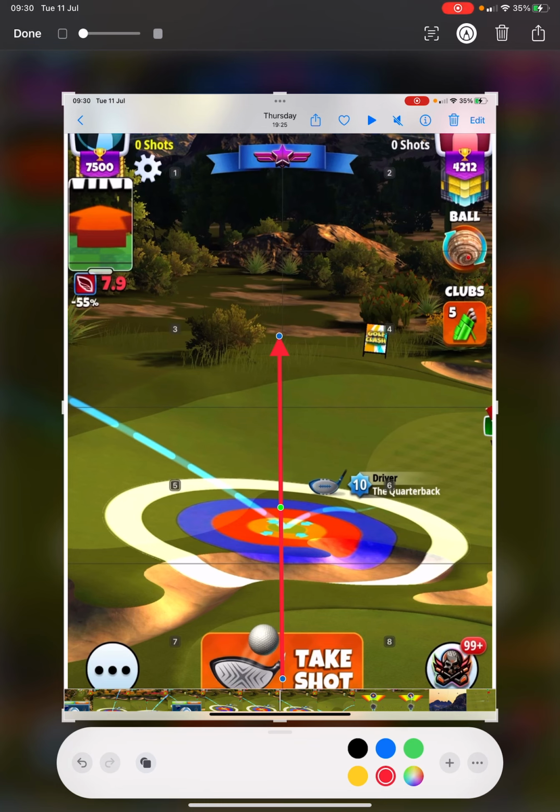So you would think that I would need to curl the opposite way, but because I've over adjusted too much this way, I will then need to curl left to bring it back in line with the pin. And that's quite a difficult one to get your head round.